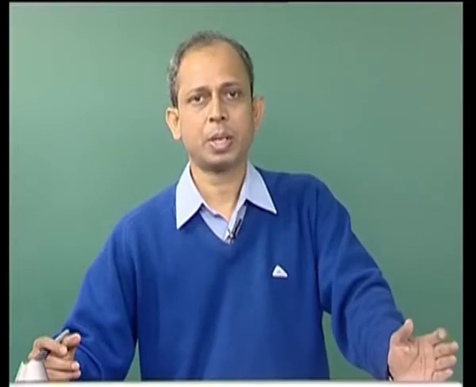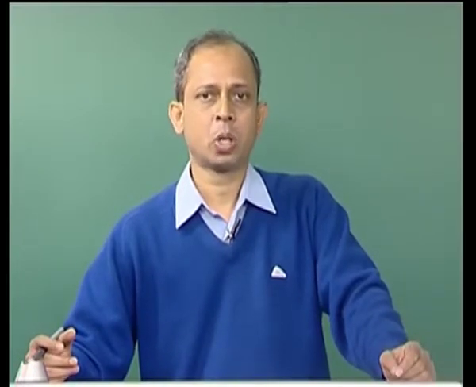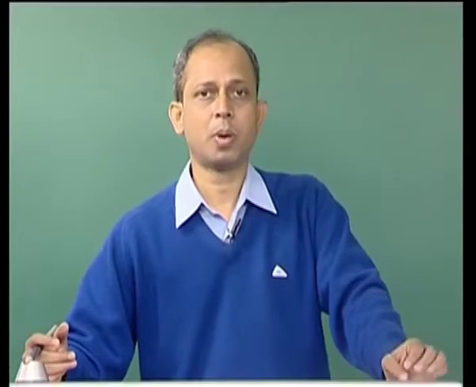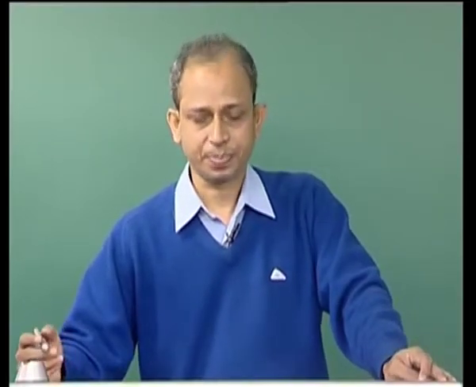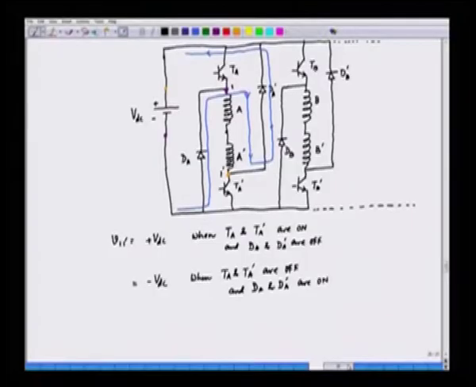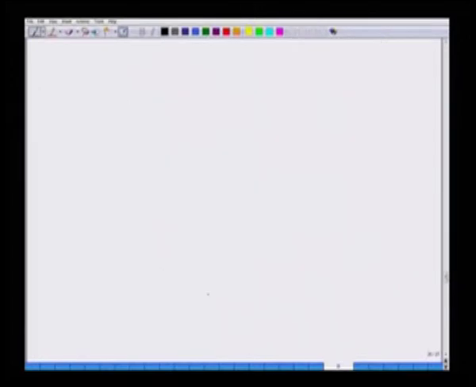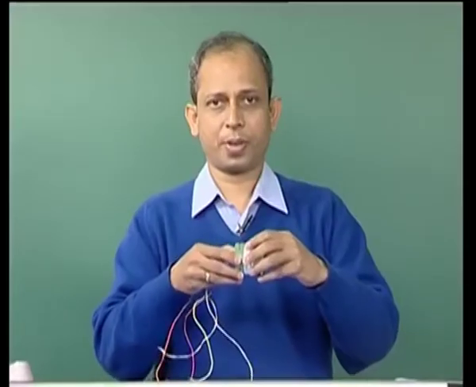So, let us see some typical stepper motor, which is also based on the principle of variation of reluctance. So, our next discussion will be on the stepper motors. Now, I will show you a stepper motor here.